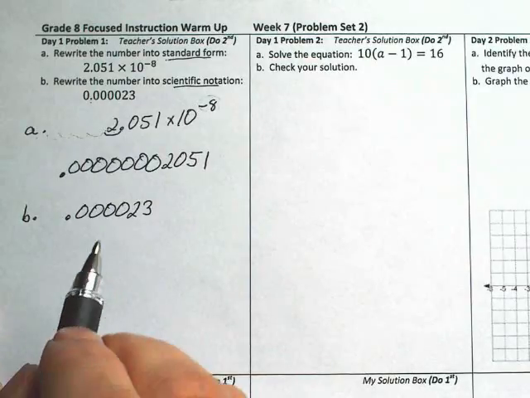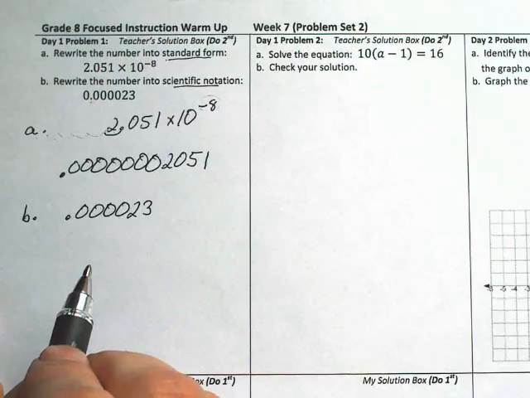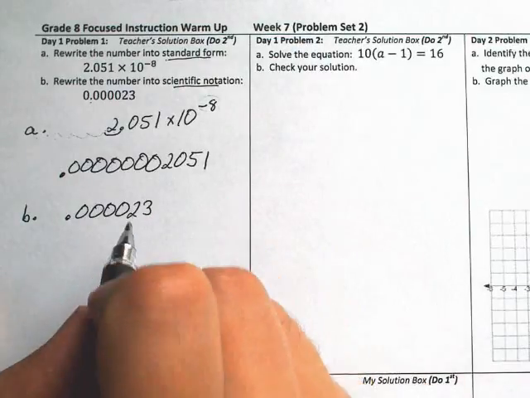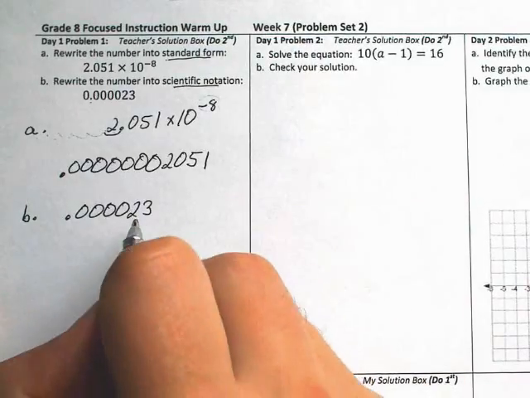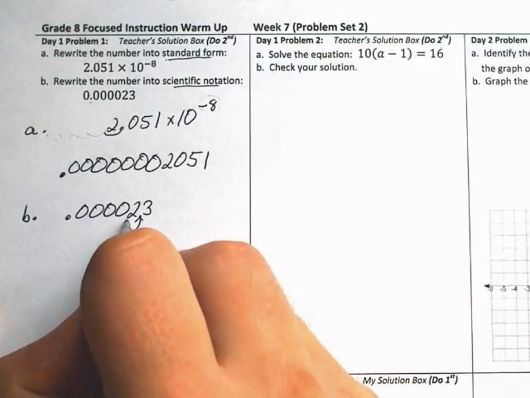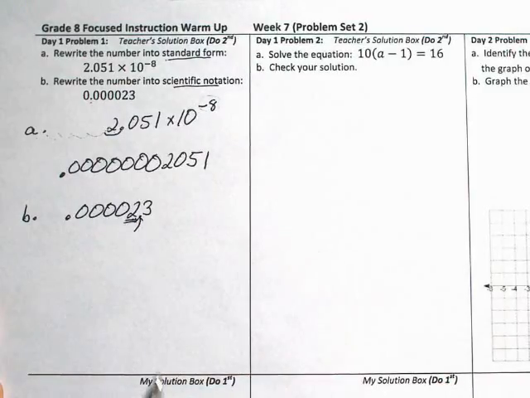So when I do this, I want to have one non-zero digit to the left of the dot, and then it's going to have a times 10 and some sort of exponent on the 10. To have one non-zero digit to the left of the dot means that the decimal point will need to go here, so that the digit 2 is my number that's to the left of the dot.